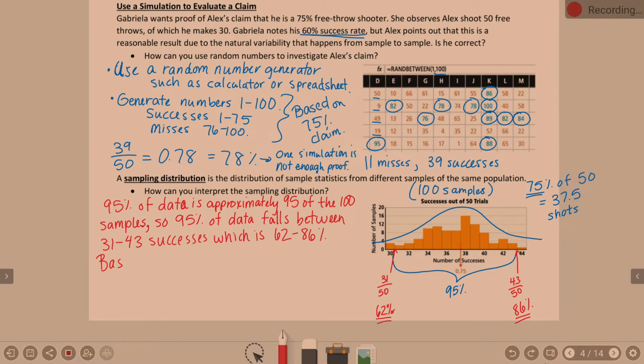Gosh, tongue-tied. So based on the simulations, the reasonable range or reasonable interval of means is 62 to 86% for a 75% free throw shooter.